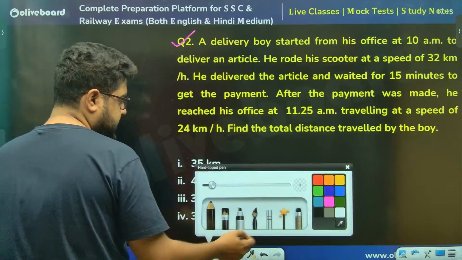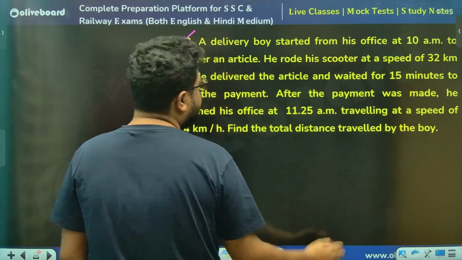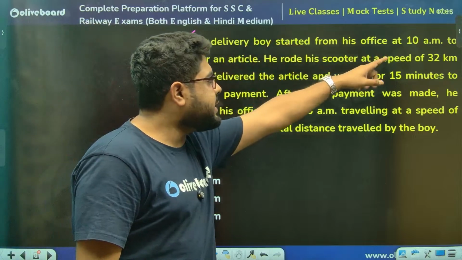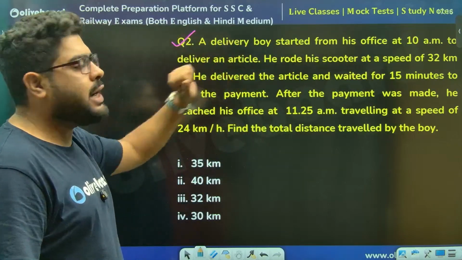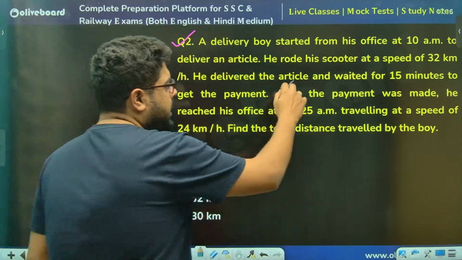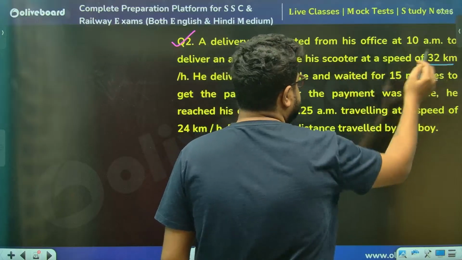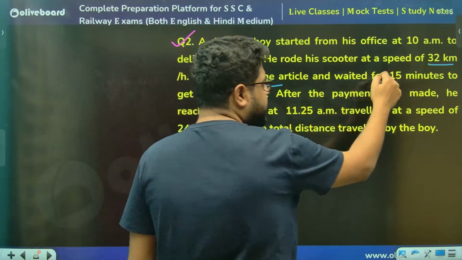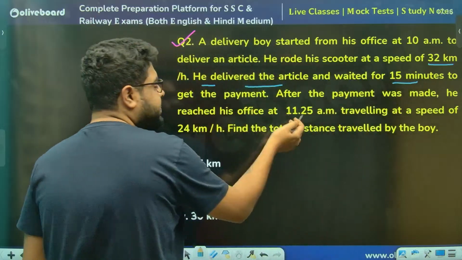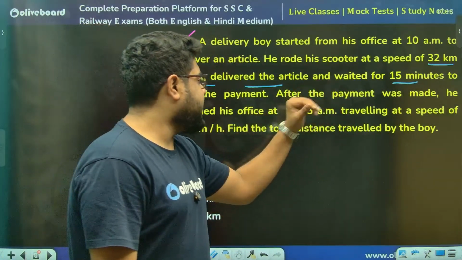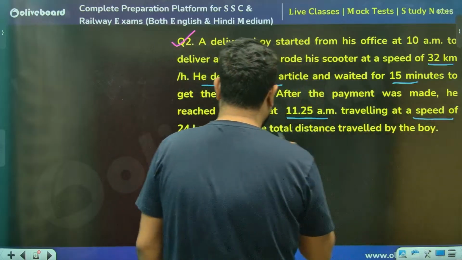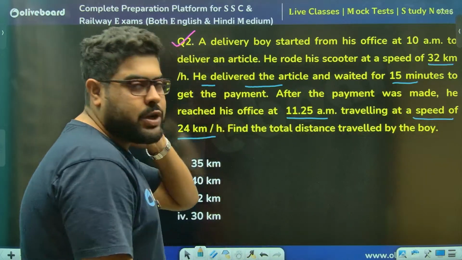A delivery boy started from his office at 10 a.m. to deliver an article. He rode his scooter at a given speed and delivered the article. He waited for 15 minutes to get the payment, and the payment was made. He reached his office at this time at a given speed. We need the total distance traveled.